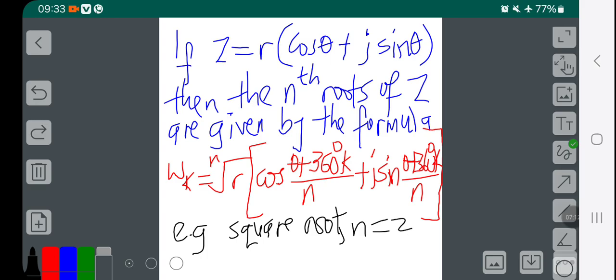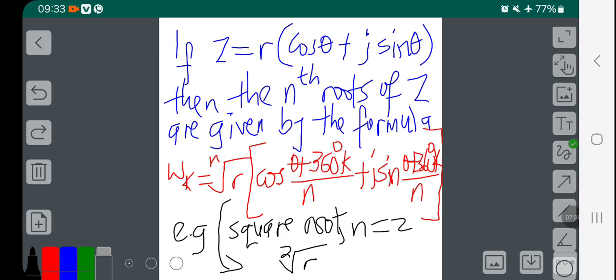For a square root, n becomes 2. So I can use the radical formula, the square root of r. If it's a square root, your n will become 2. This is what it means, just as an example.